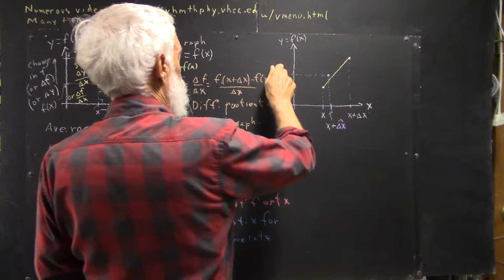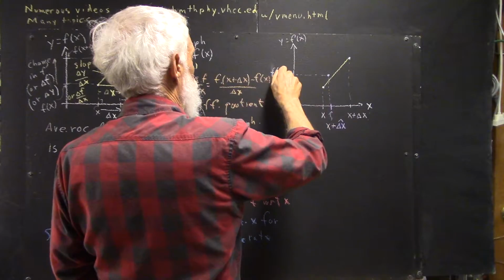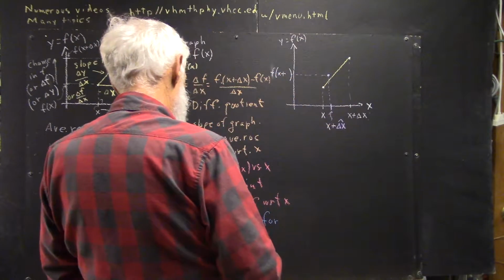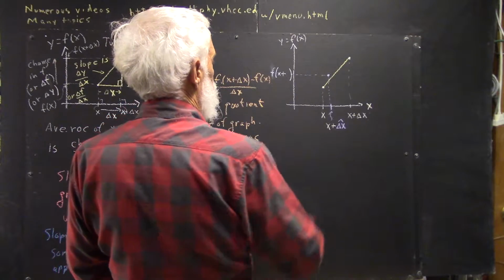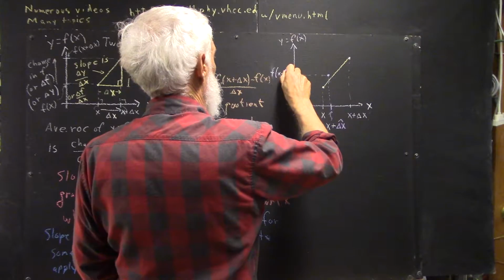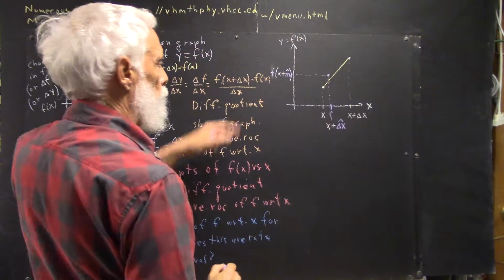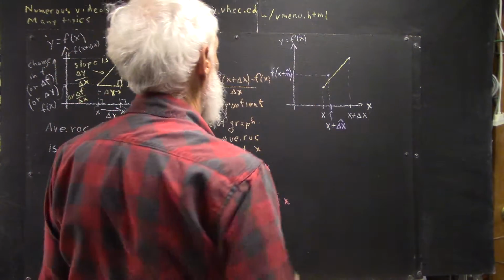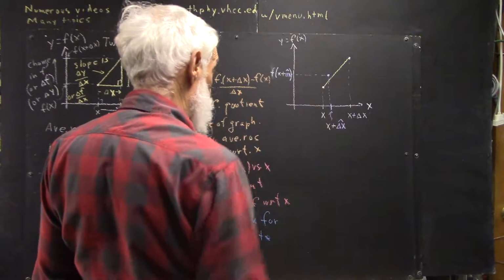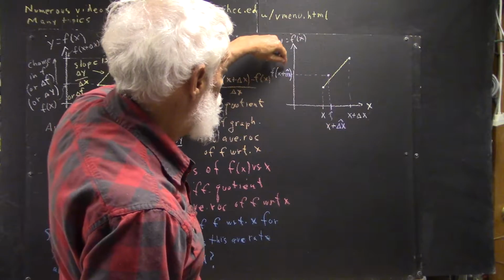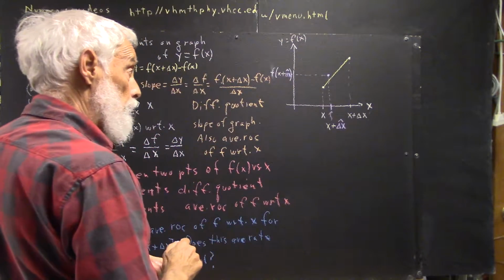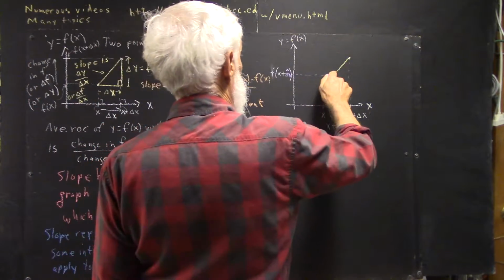So I'm going to write that as f of x plus delta x hat, and as usual I didn't leave myself enough room here. Might have been better if I'd put the point lower here so I'd have more room to label it, but that's f of x plus delta x hat. Now we have a different slope.